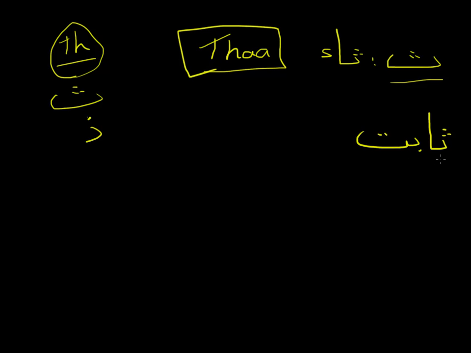So thabit, and what it means: firm. Firm in his belief, firm in his stand. The person cannot be shaken. So this is what it means. Got it. All right.